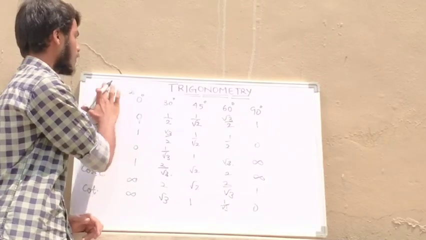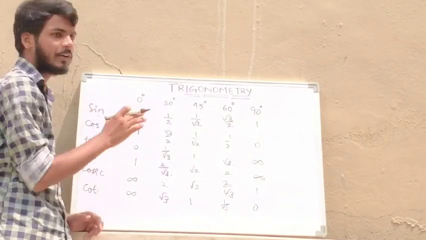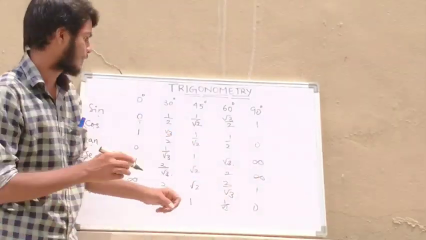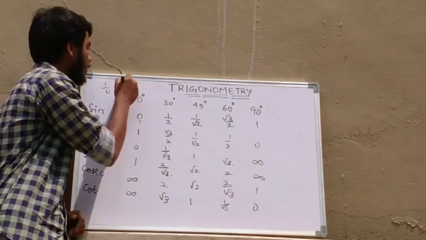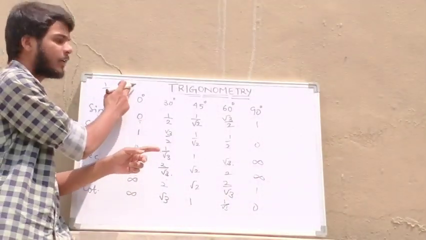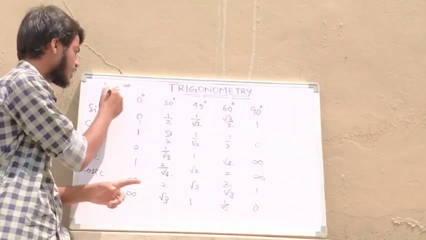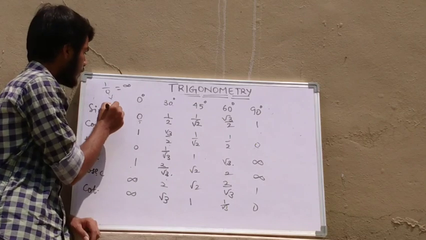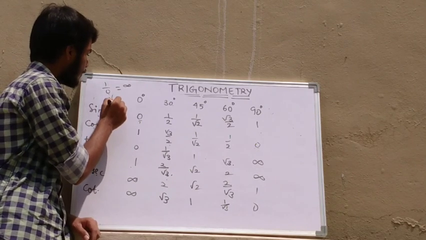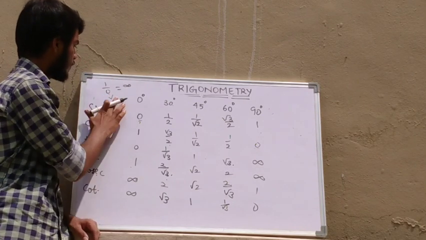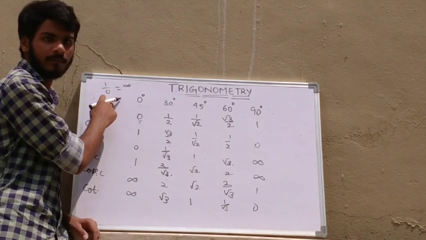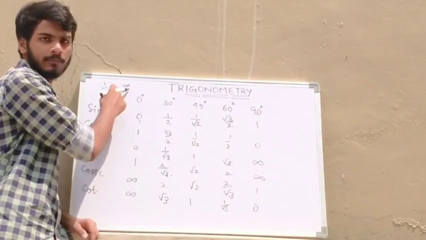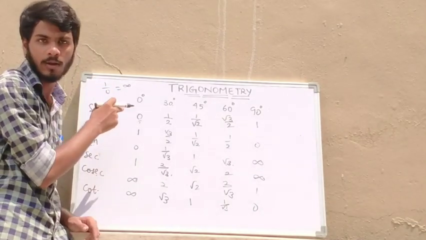How come? How do we write infinity? We write 1 by 0 as infinity.